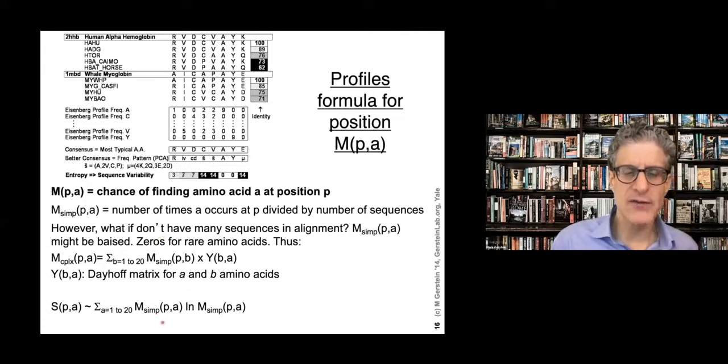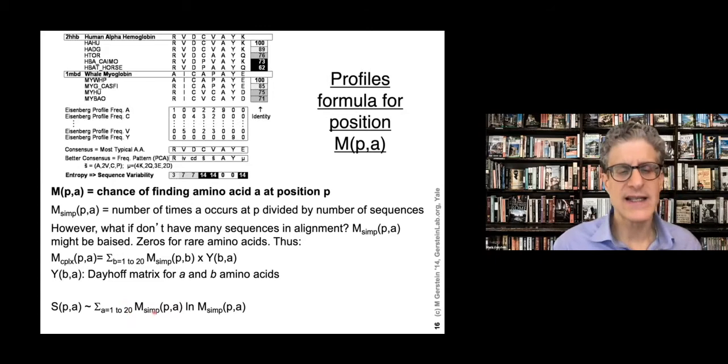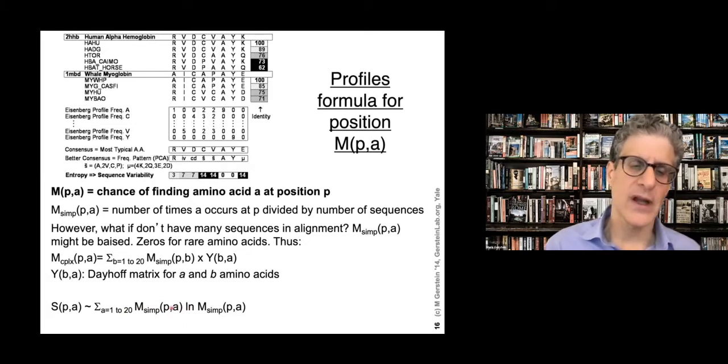Also, if you calculate the frequencies that things occur in columns, as I said before, it's a very easy step to compute what's called the Shannon entropy of that column. That's basically the sum of the frequency times ln P, which is the Shannon thing.